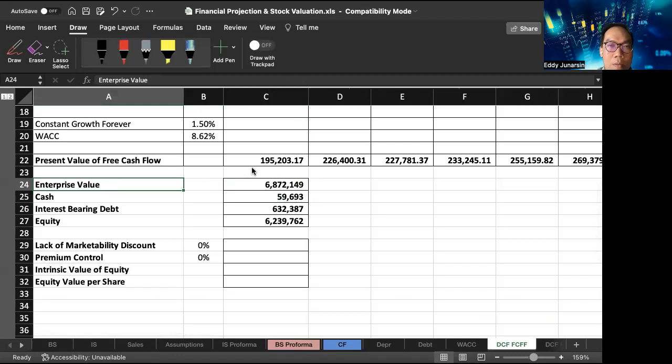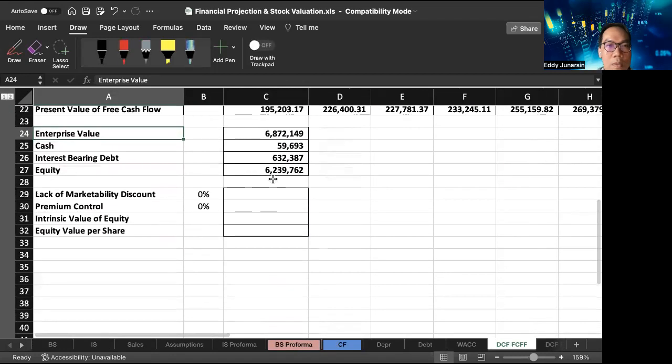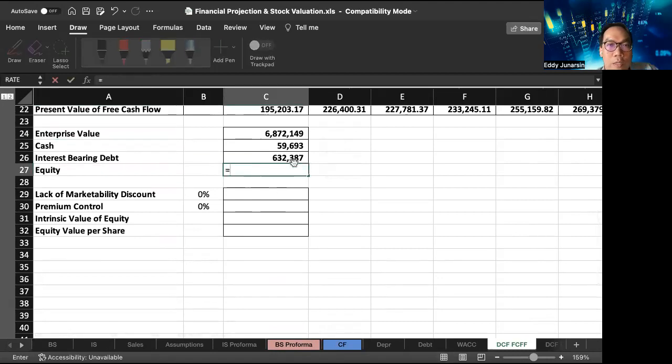Okay, so yeah, to get the equity from the enterprise value, we add back cash and we minus the interest-bearing debt, so we get the market value of equity.